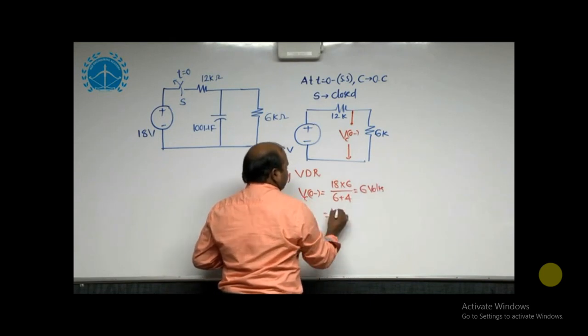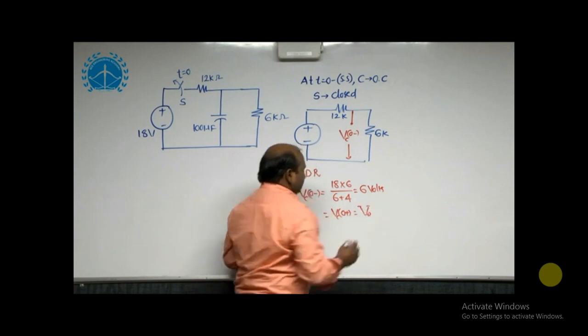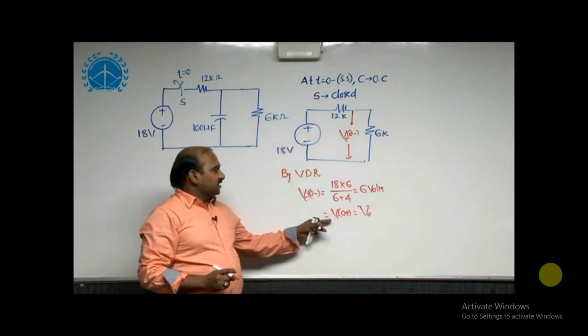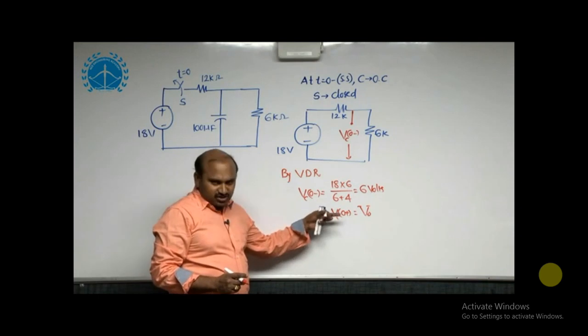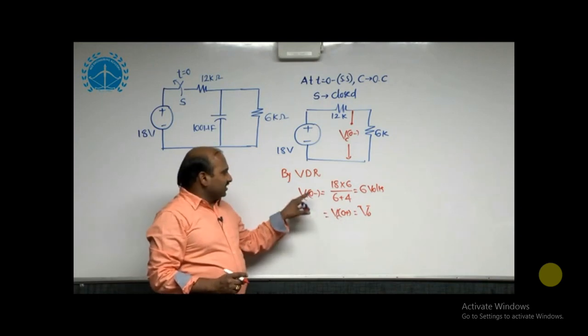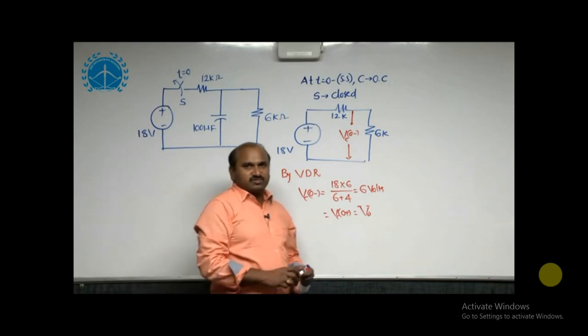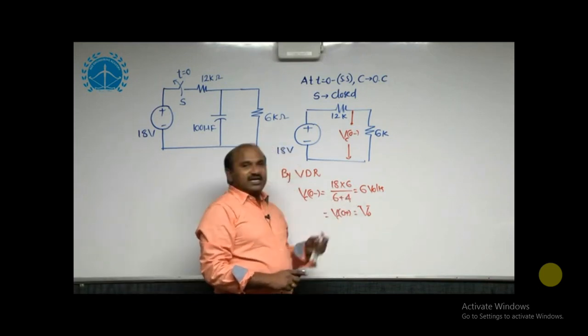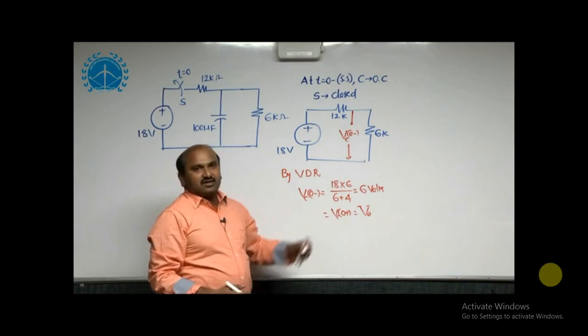This is VC of 0 plus, which is equal to V0. Since the voltage across a capacitor does not change instantaneously, the initial voltage of the capacitor is equal to 6 volts.